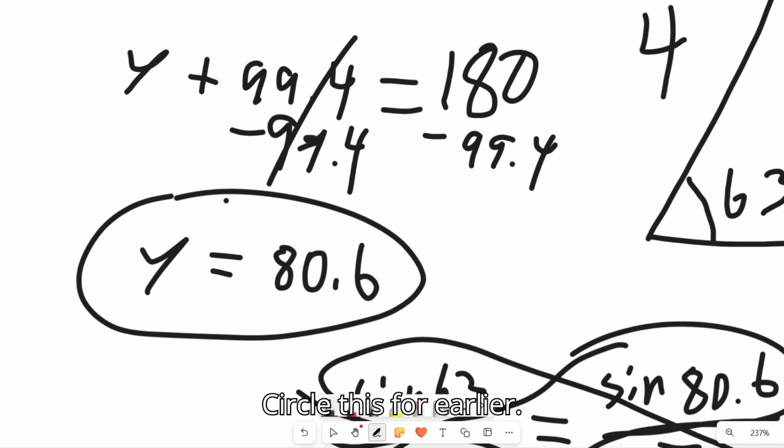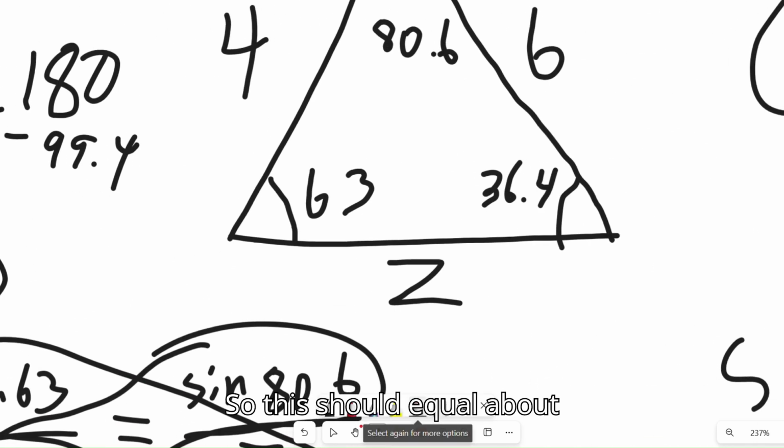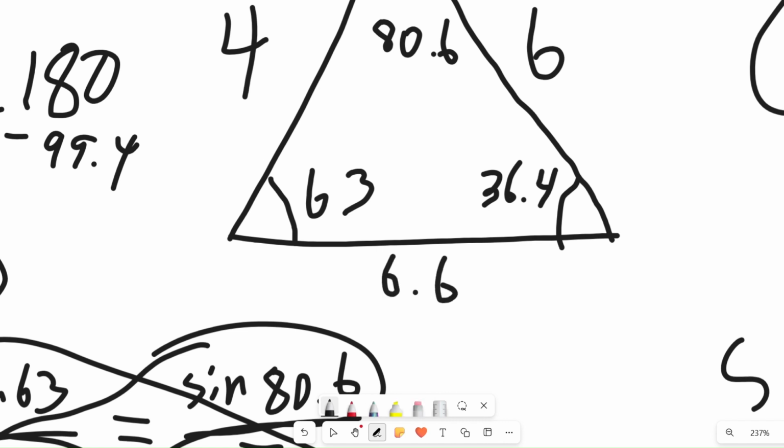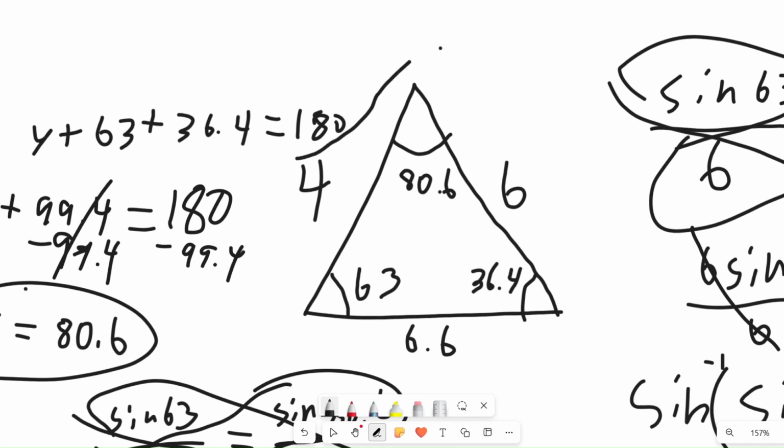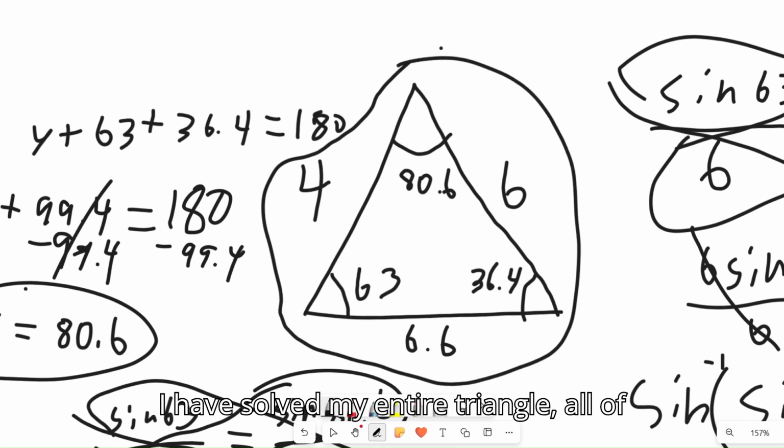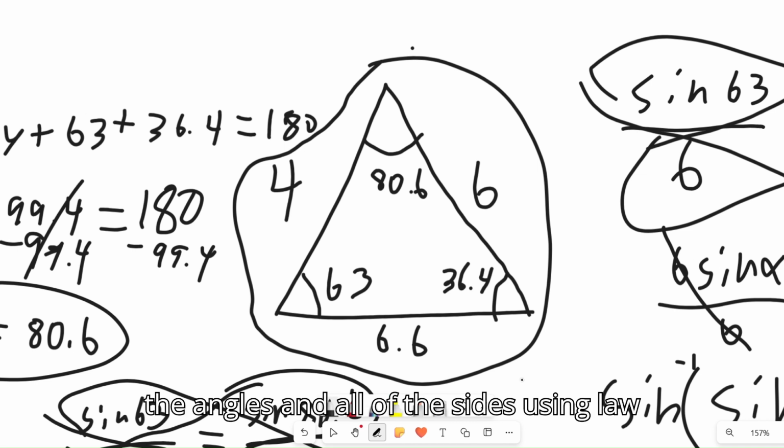So this should equal about 6.6. And now I have solved my entire triangle, all of the angles and all of the sides, using the law of sines.